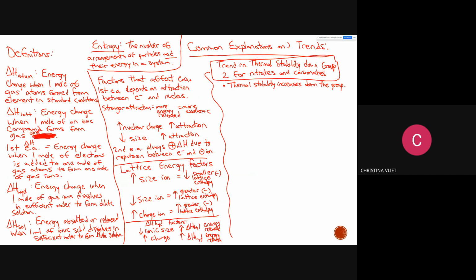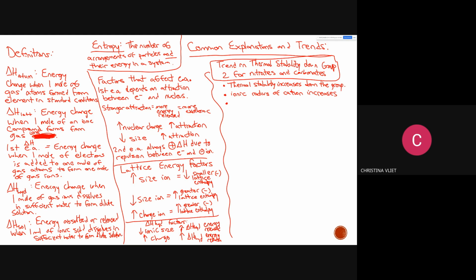The second point is the ionic radius of your cation increases, which means it has, you remember the words, less polarizing power.